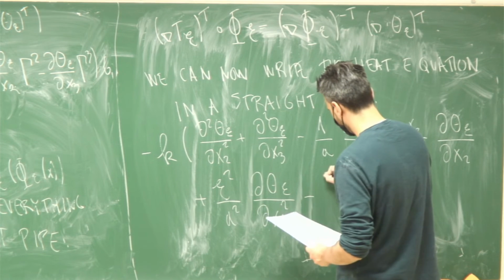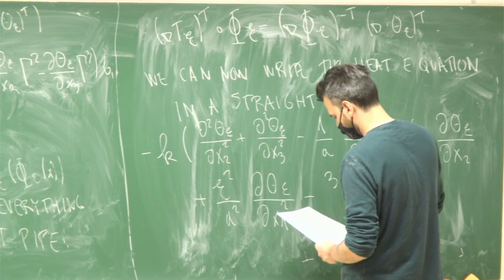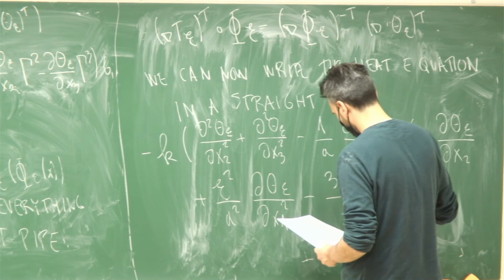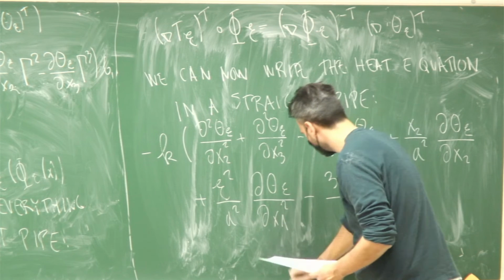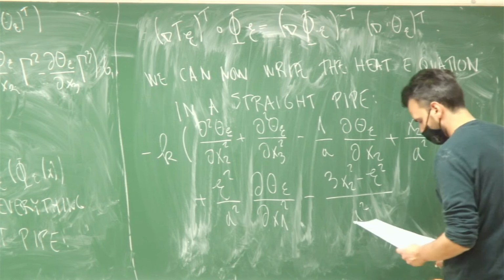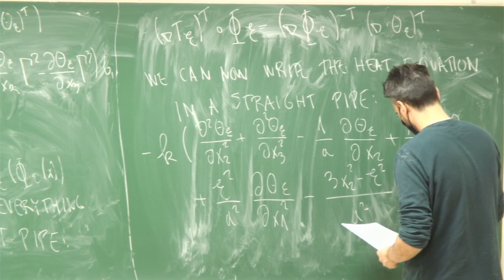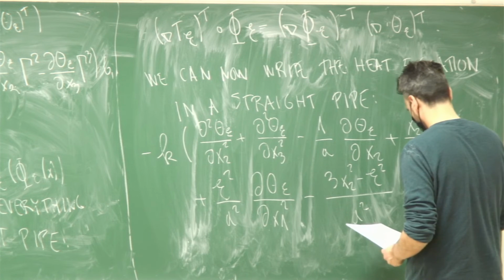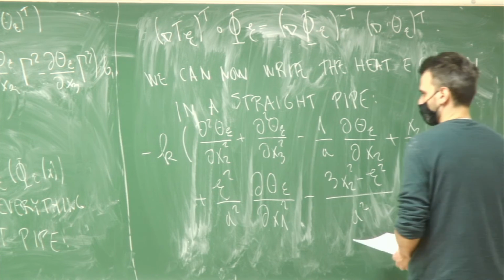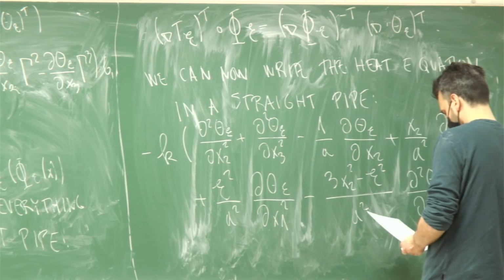So minus 3x2 squared minus epsilon squared over a squared. Okay, so this is only the first part.